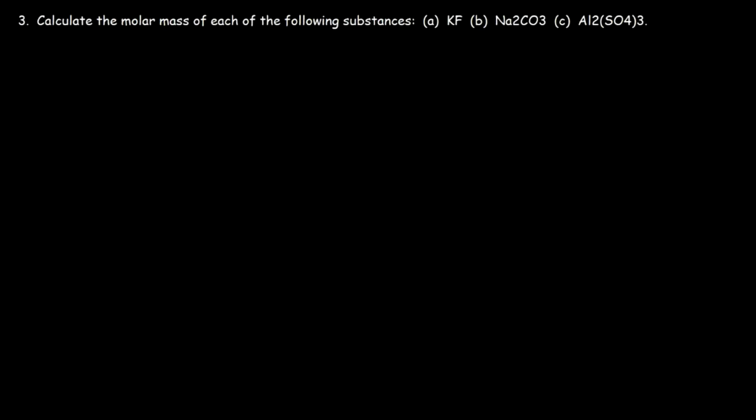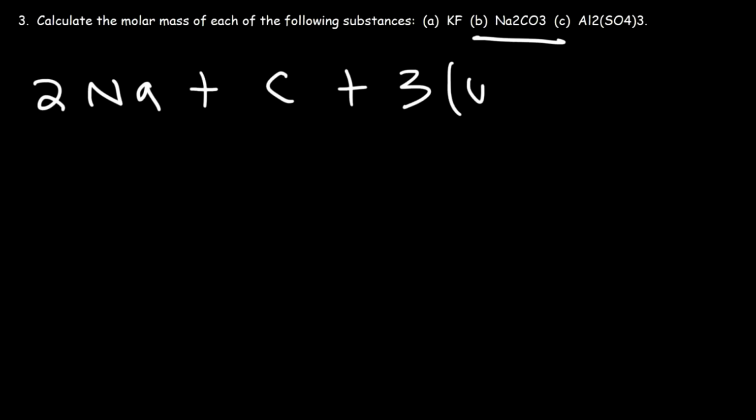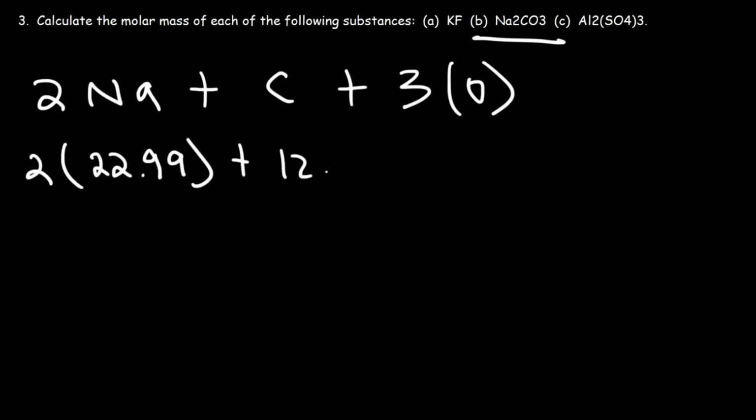Now let's move on to part B. So let's calculate the molar mass of sodium carbonate. So what we have is 2 sodium atoms, or in this case ions because it is an ionic compound. We have a carbon atom and 3 oxygen atoms. So the atomic mass for sodium is 22.99, and for carbon, it's 12.01 based on the periodic table, and for oxygen it's 16.